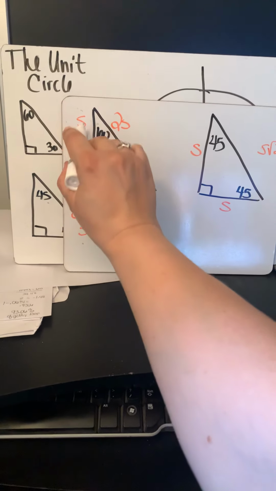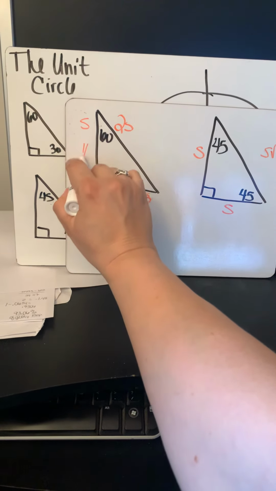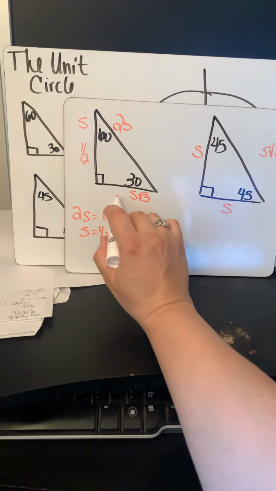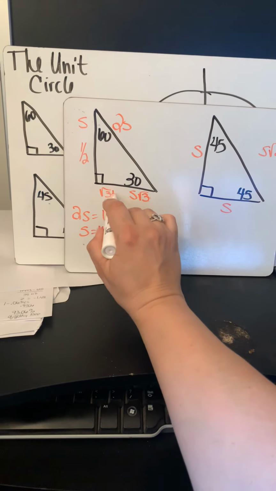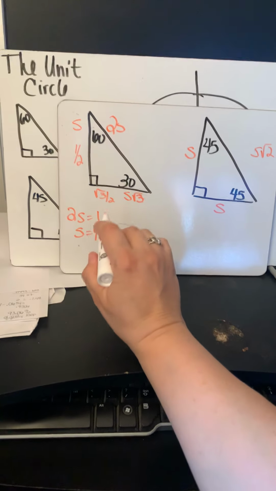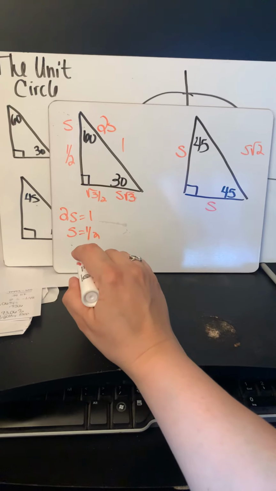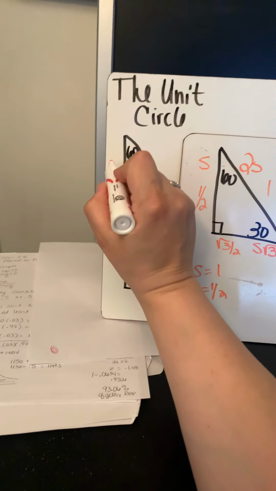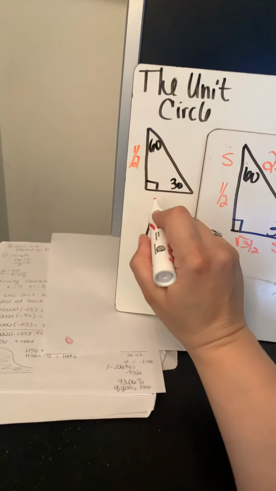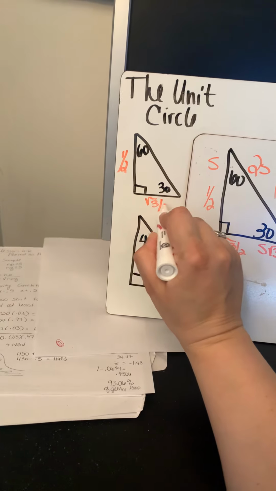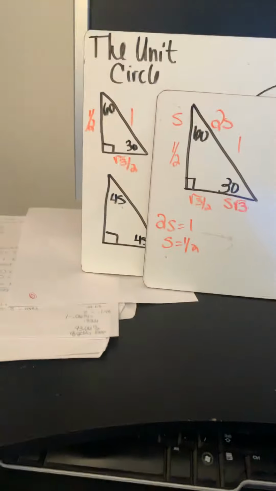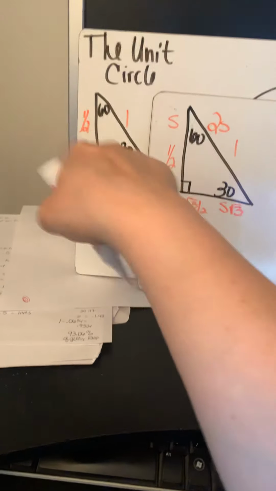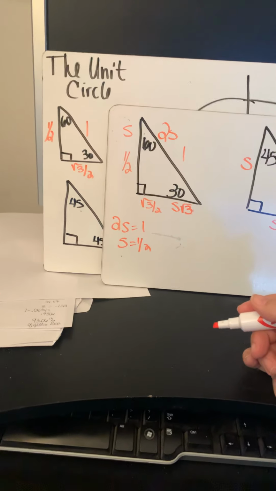So if I plug this in, this would be 1/2, and this would be root 3 over 2. I just found my ratios, this being 1. So next to the 60 was 1/2, next to the 30, root 3 over 2, hypotenuse 1. Those are my new ratio units.